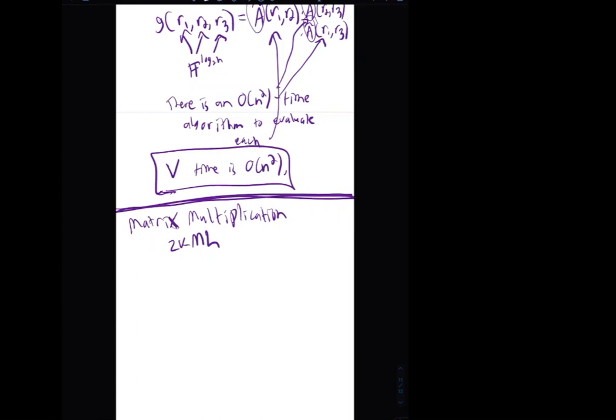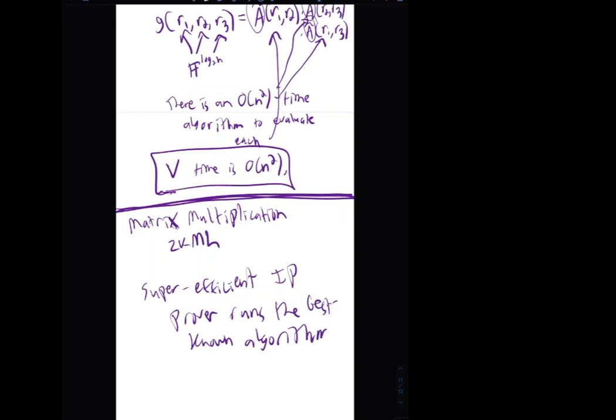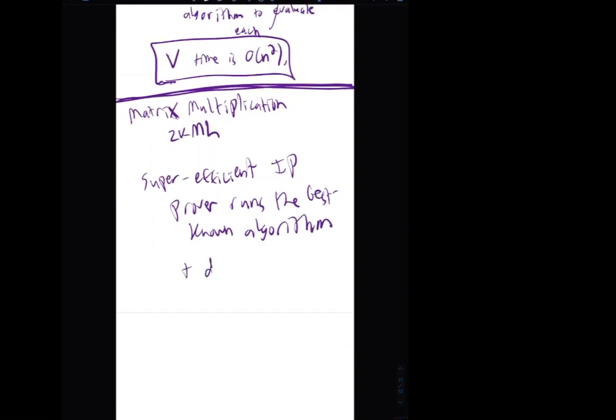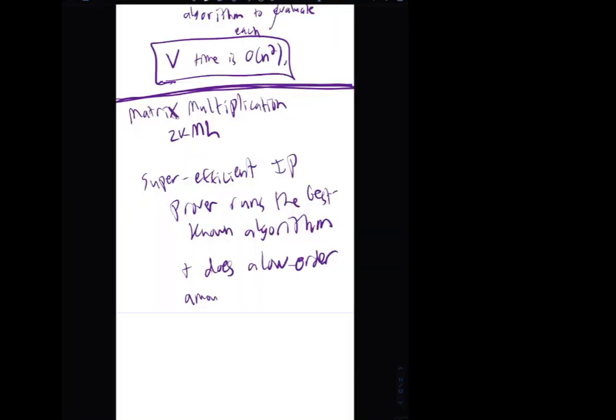Super efficient is a term I just made up, but it means the prover runs the best known algorithm for the problem, and then does a low order amount of extra work to prove the answer is correct. So it might spend 20 minutes solving the problem, but only does a second of work to prove that the answer is correct once it knows the answer.